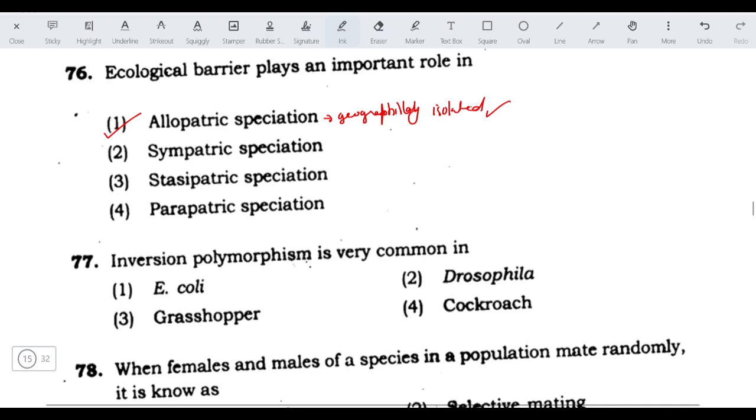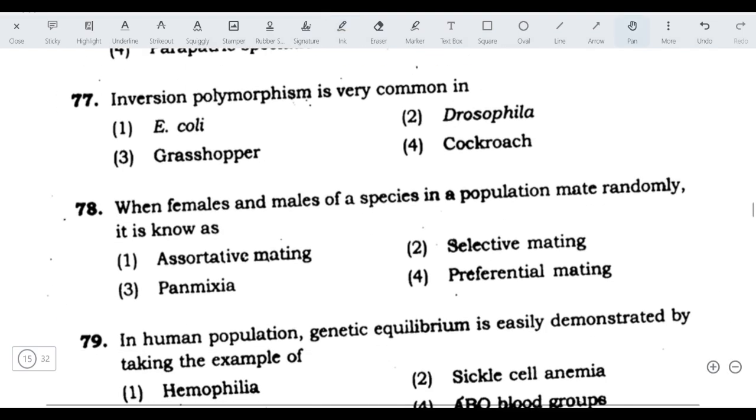Inversion polymorphism is very common in. The answer here is Drosophila. Inversion polymorphism is a type of chromosomal aberration, right? When females and males of a species in a population mate randomly, it is known as. The answer is panmixia.